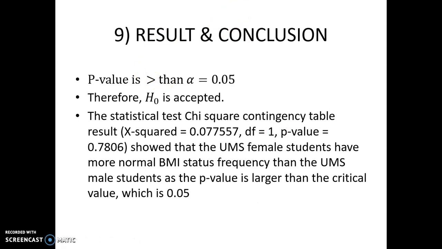The null hypothesis earlier stated that the UMS female students have more normal BMI status frequency compared to the male UMS students. So to conclude, the chi-square contingency table result showed that the UMS female students have more normal BMI status frequency than the UMS male students, as the p-value is larger than the critical value, which is 0.05. That's all. Thank you.